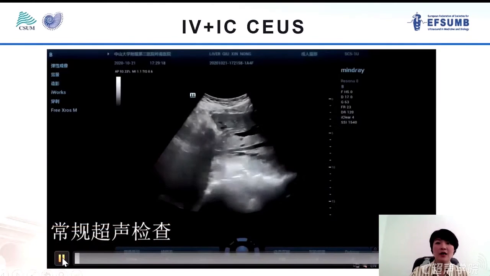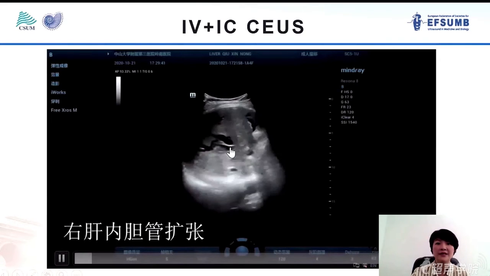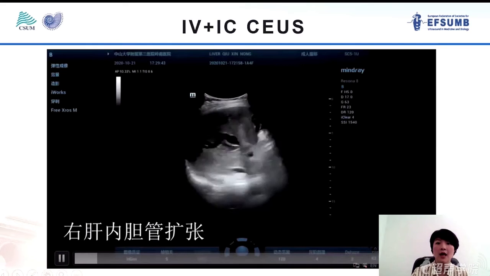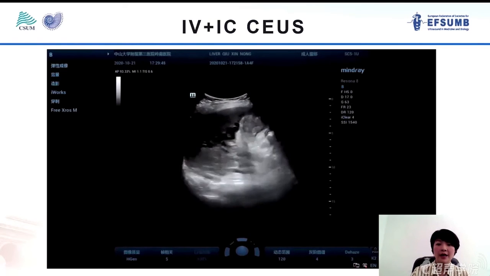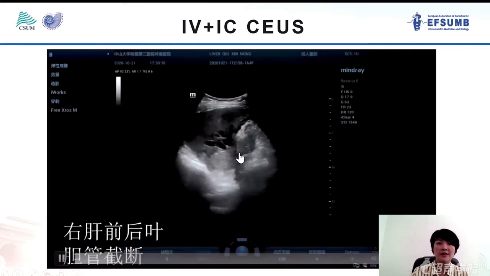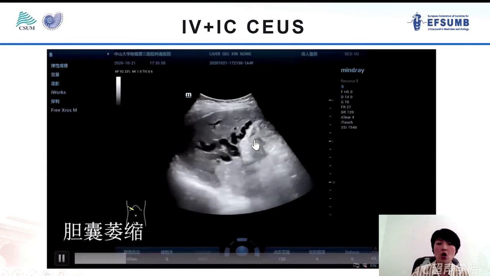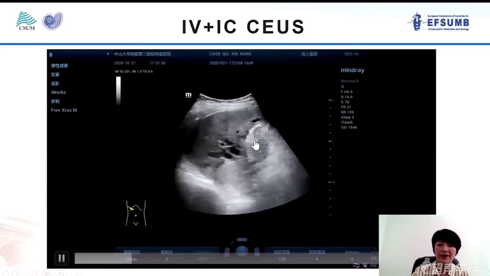The conventional ultrasound examination showed dilatation of the left and right intrahepatic bile ducts and sudden interruption of the proximal lumen of the dilated bile duct, and the gallbladder was atrophic.